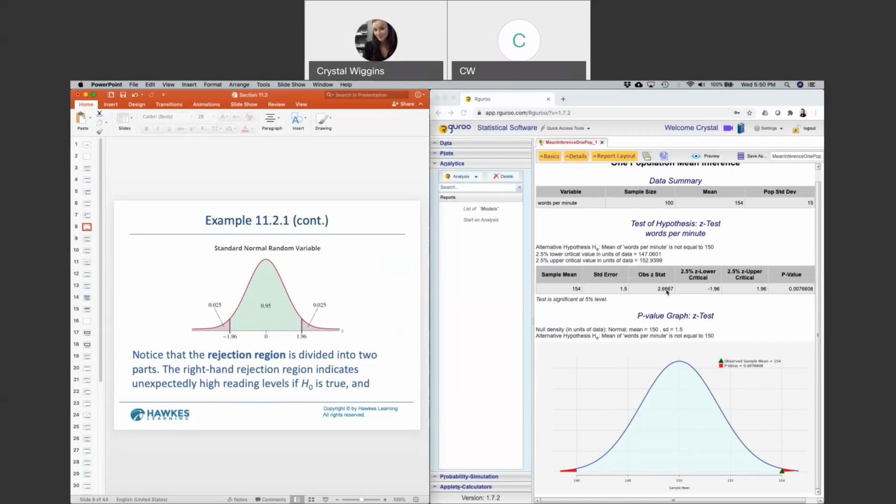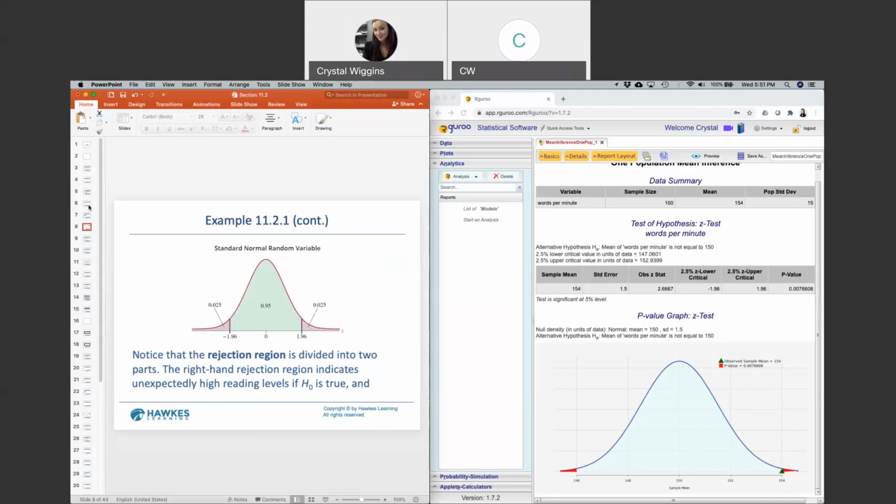So here's our test statistic, 2.67. The 2.67 is a number larger than our upper bound here, the 1.96, and therefore falls into the rejection zone. So we will be rejecting the null hypothesis. And recall the null hypothesis said that the averages were equal to 150, and we are concluding that that is false.